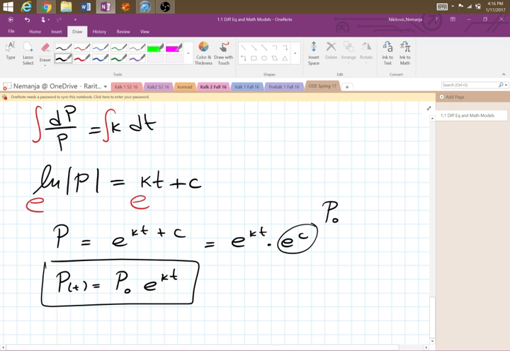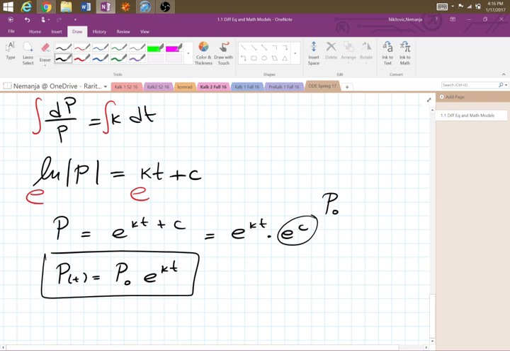In order for population to change, you have to start with population. P0 has to be a non-zero number. You can't get population without having population there already. So if you start with 500 rabbits, depending on this k, 500 rabbits are going to go up in population or down in population.